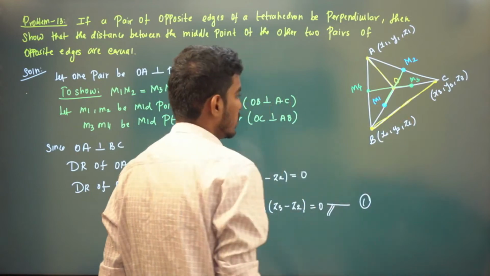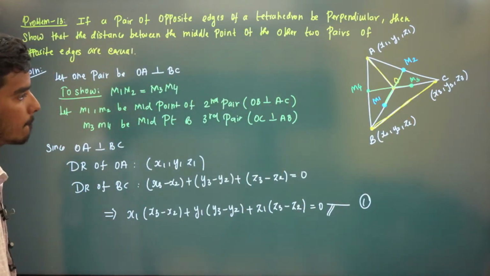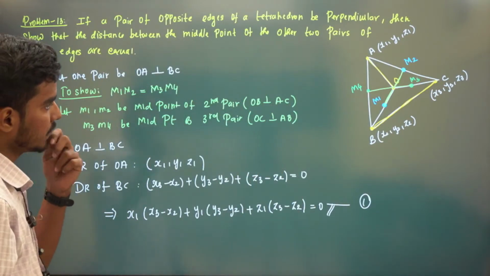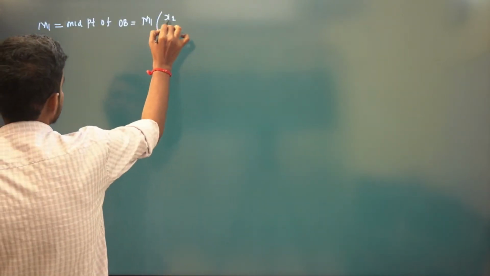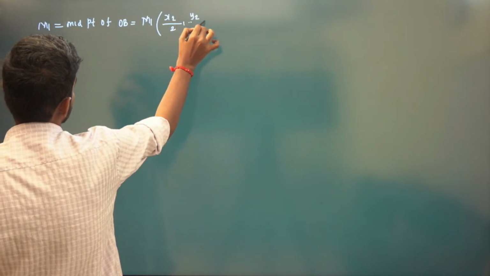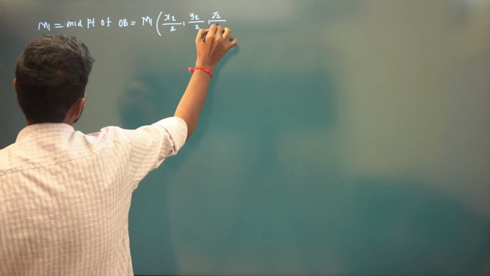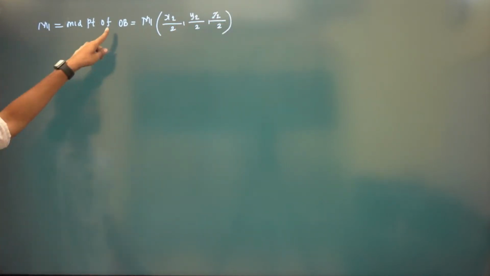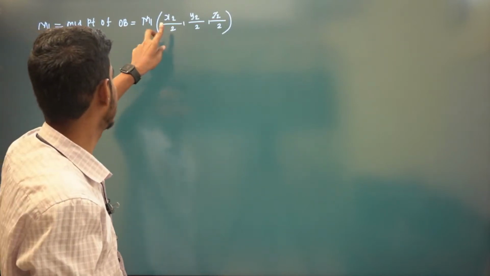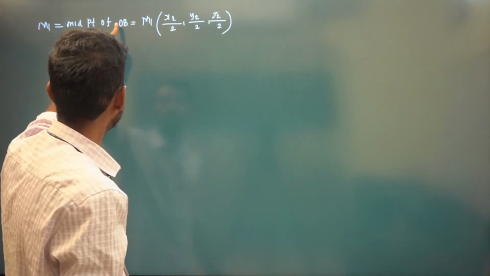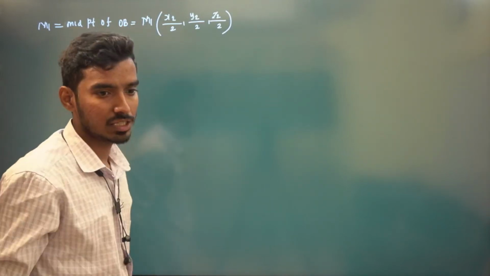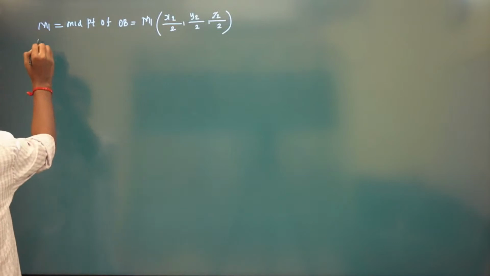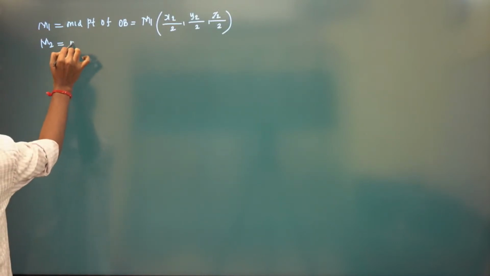O is the origin, so see, O is 0, 0, 0 and B is x2, y2, z2. The midpoint will be (0 plus x2) by 2, (0 plus y2) by 2, (0 plus z2) by 2, which is x2 by 2, y2 by 2, z2 by 2.